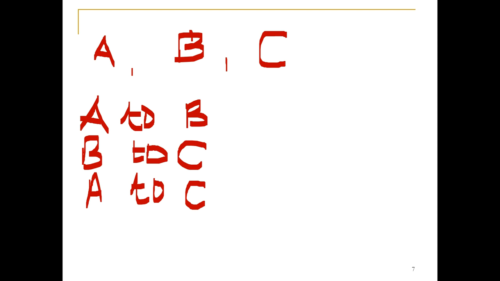So if A is preferred to bundle B and B is preferred to bundle C, then it must be automatic that A is preferred to bundle C. That means that these preferences are transitive. That is the assumption of transitivity.